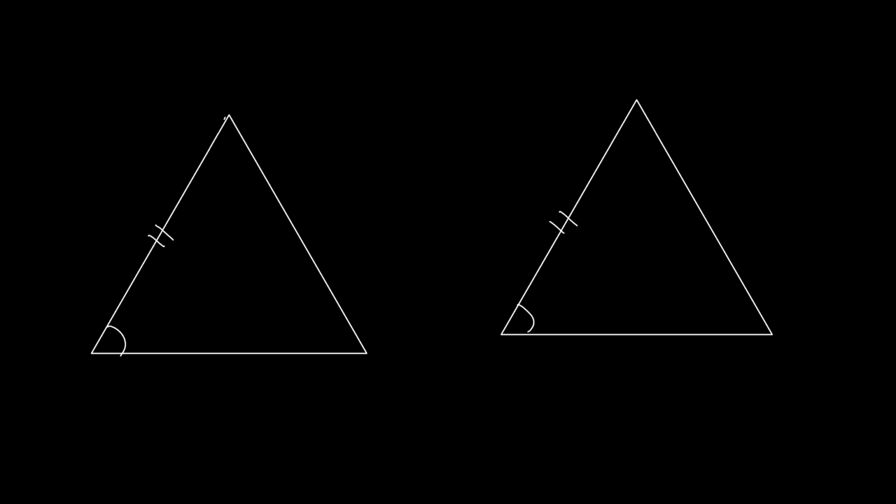What could you change that won't affect those? I can for sure change the length of this bottom side. Why can I change the length of that? I don't care what the top angle is, and I don't care what this bottom right-hand angle is. It doesn't affect the one arc mark or the two tick marks.